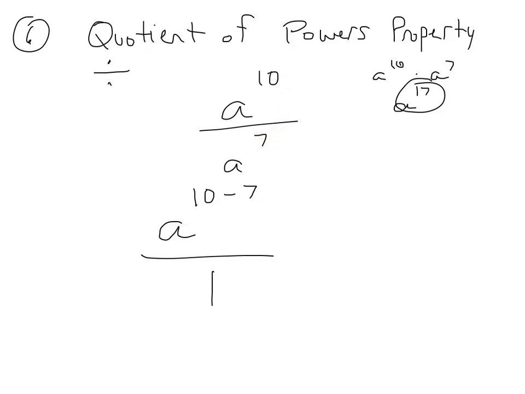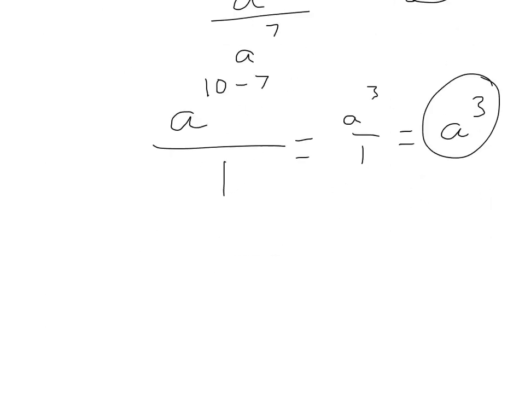I take the denominator and replace it with a 1. I keep the base on the top and subtract the exponents. So I get a to the 3 over 1. And anything over 1 is really just itself, so I can just write this as a cubed, and I'd be done. So why don't you take a second, I want you to try this one.